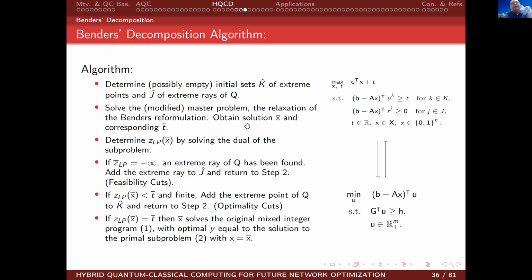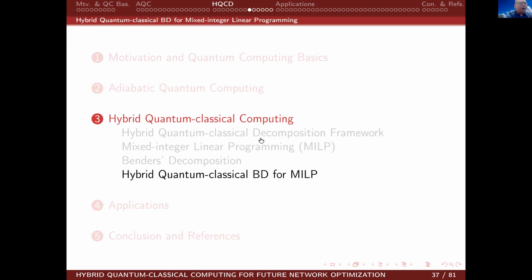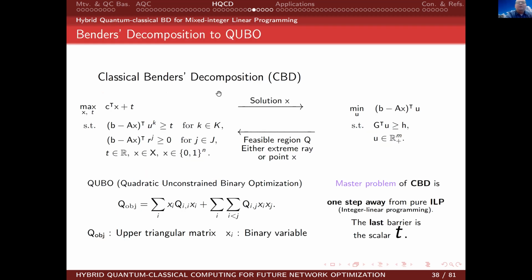How do we implement the Benders decomposition? Let's see how we embed quantum computing into the classical Benders decomposition algorithm. On top, we can see the Benders decomposition process is that we solve a master problem, then solve a subproblem.